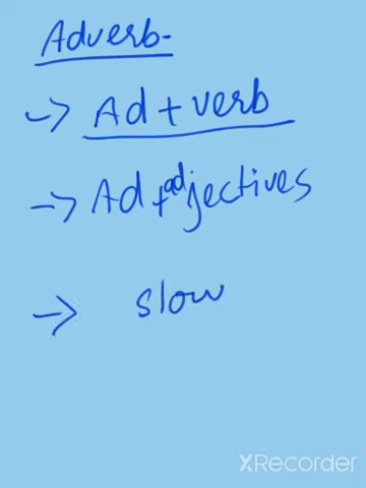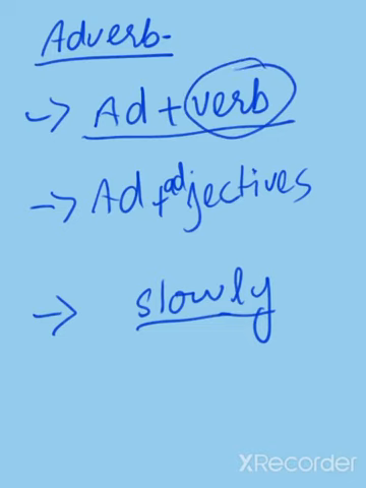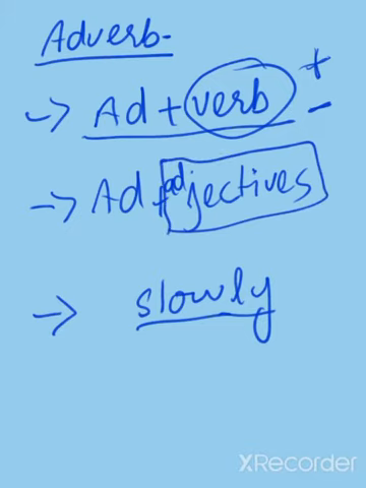Slow is an adjective. When you add ly to it, it becomes an adverb. So adverbs are those words which tell something about the verb. And sometimes an adverb tells us something about adjectives at the same time.